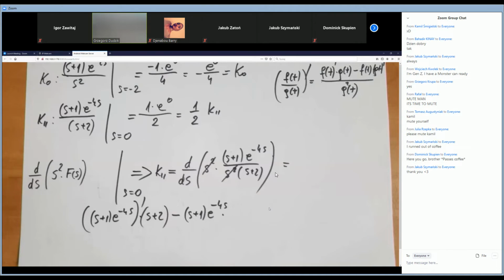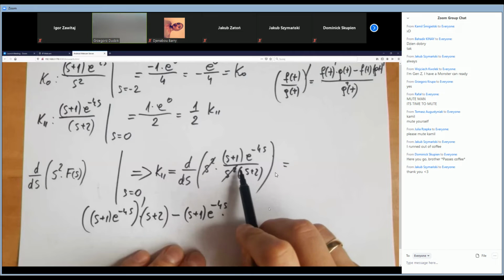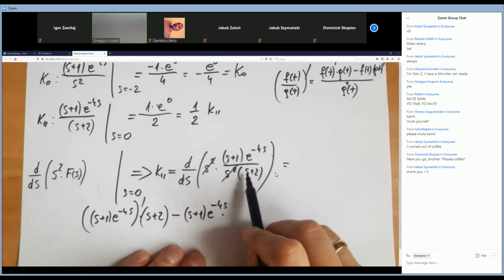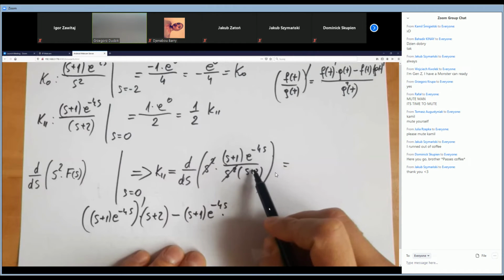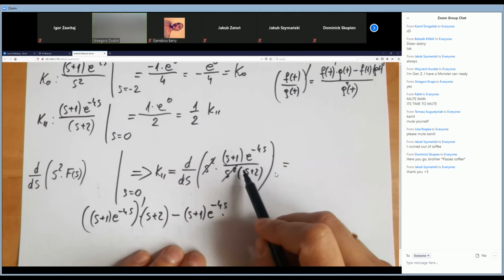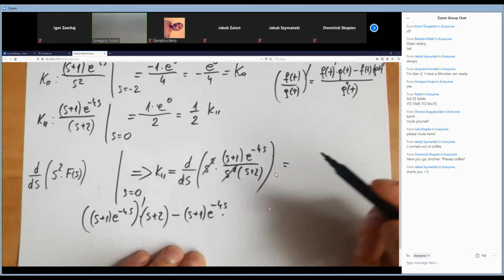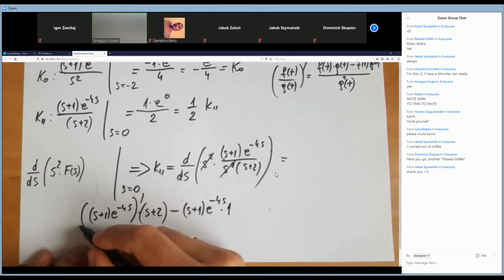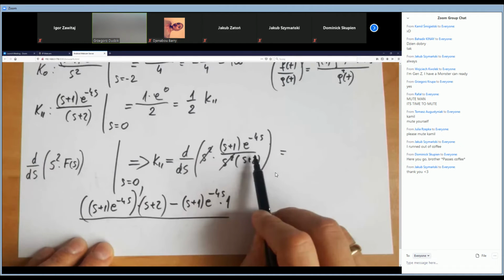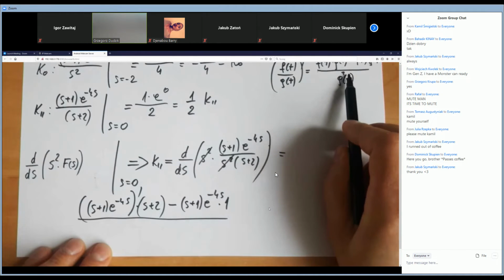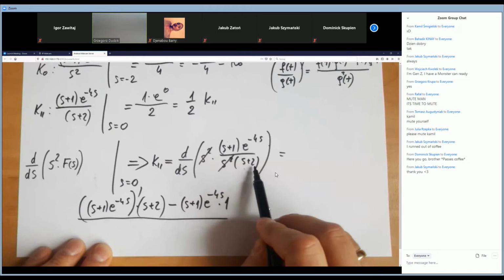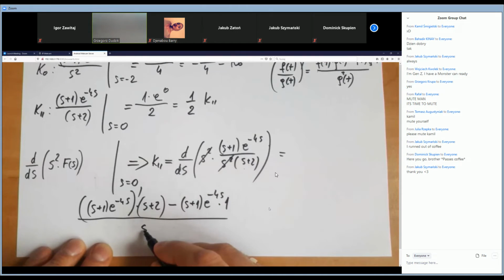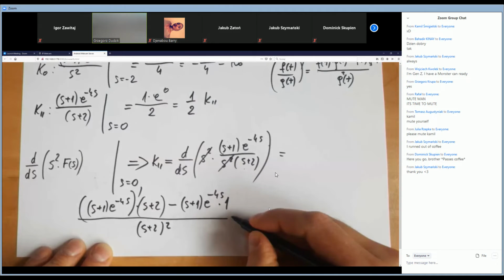Of course, 1, because we've got the constant value 1 before the s. So the derivative of it is just 1. Over g(t) squared. In fact, g(t) for us is s plus 2, so it is (s plus 2) squared.